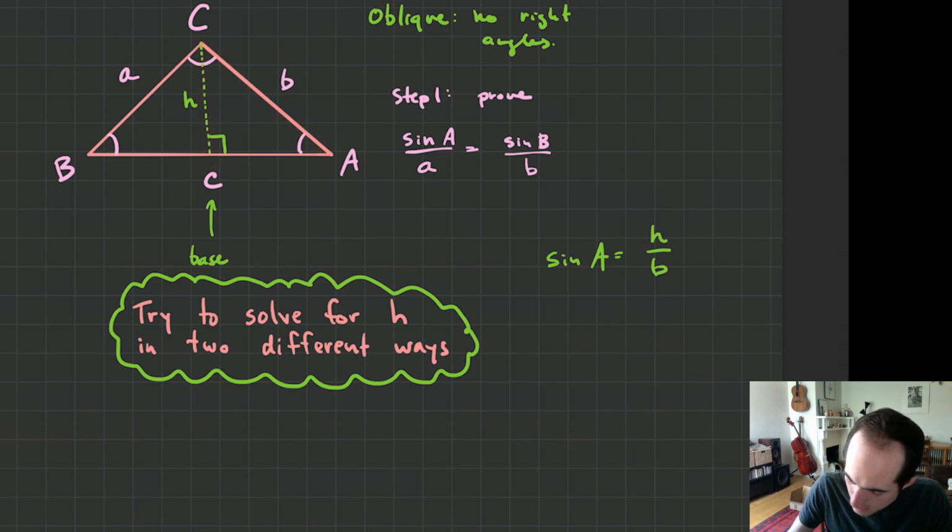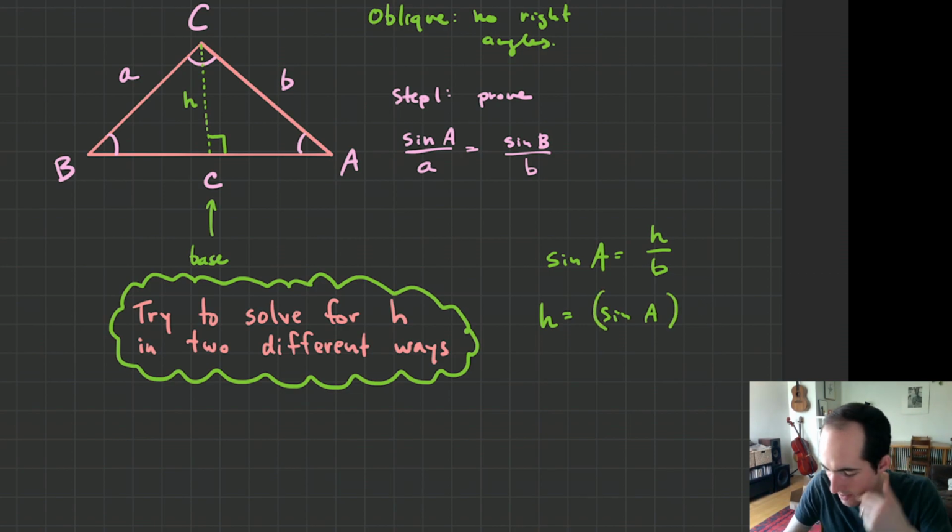And like I said, I'm going to solve for h. So h here is (sine of A) times b. I'll just put that in brackets so you don't think that we're taking the sine of a number that's calculated by A times b. Order of operations is important here. So h is equal to (sine of A) times b.